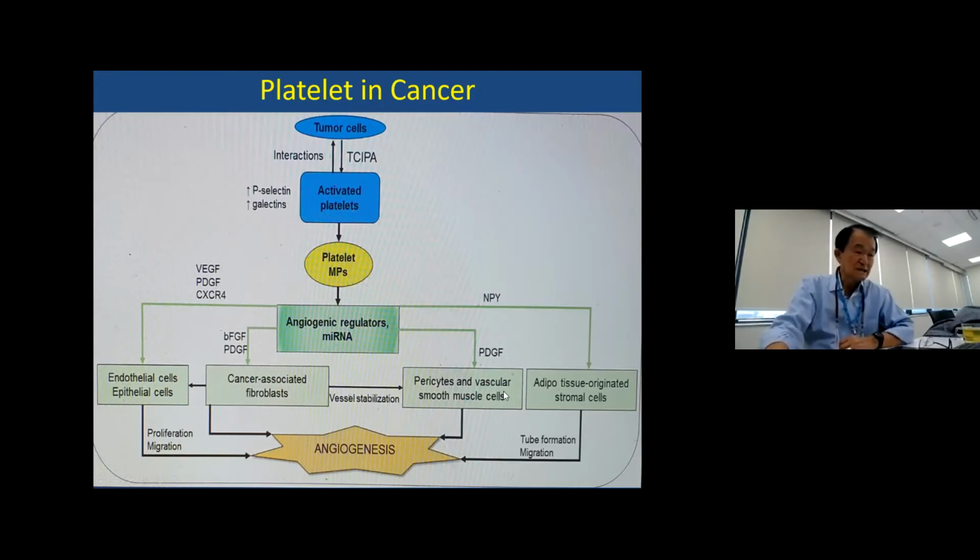Fibroblasts and endothelial cells are proliferating, and adipose tissue-originated stromal cells. All these things contribute to angiogenesis. So this makes tumor growth and metastasis.